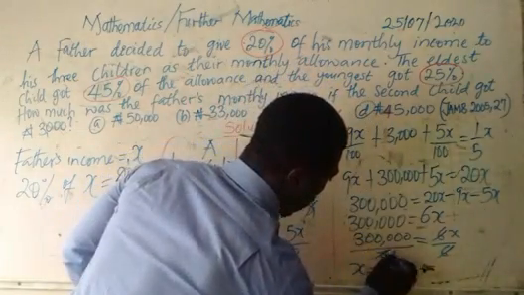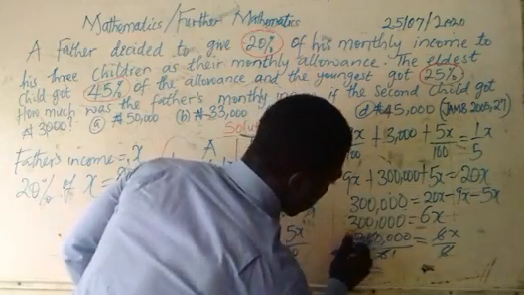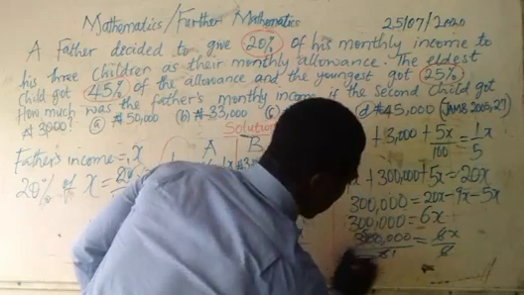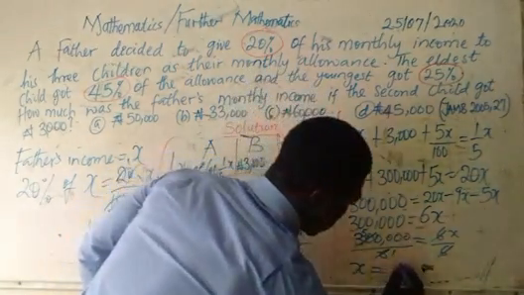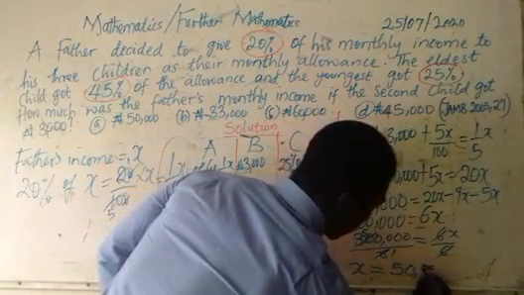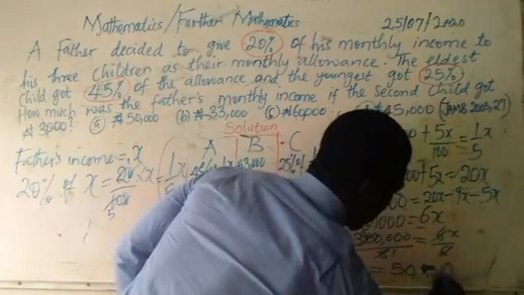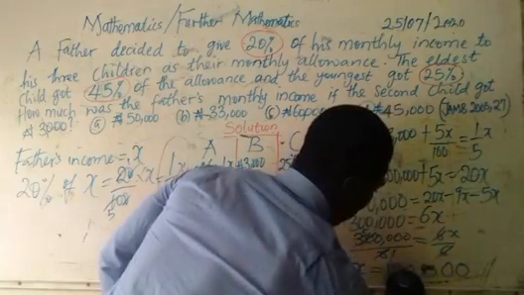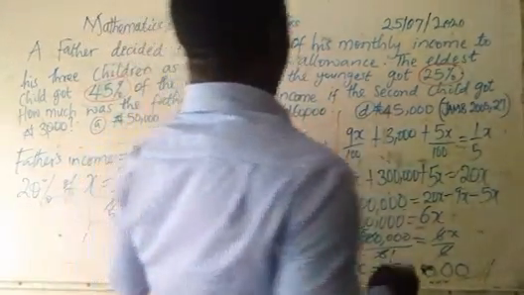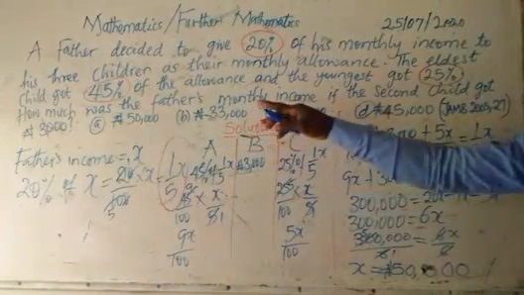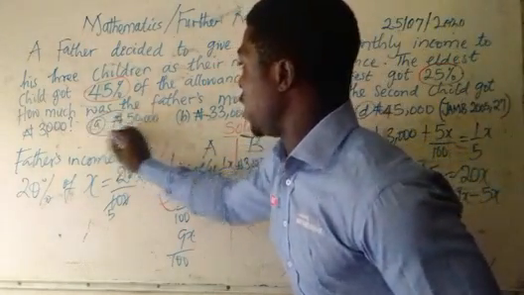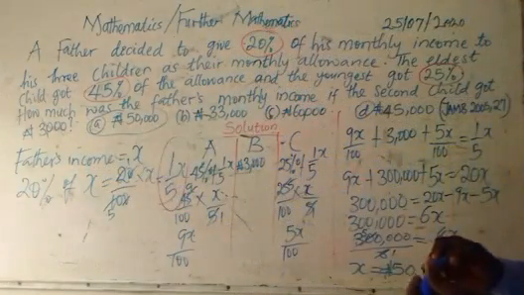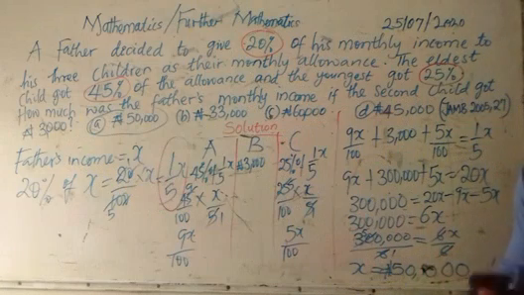We have 6 here, 1, 6 here. We are going to have 5, which will be equal to 50,000 naira as our final answer. And if you check the options we have there, option A goes with our answer. Therefore, option A is the correct one.